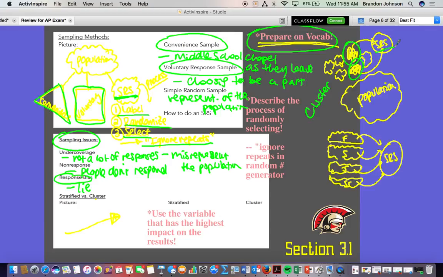Whereas stratified, think of this as a huge cloud. So this is the whole population. We divide it up into specific sections in that cloud, and then we take an SRS of each part to make what we're sampling. I don't know if that helps at all. But this would be stratified over here, and up here this would be cluster.